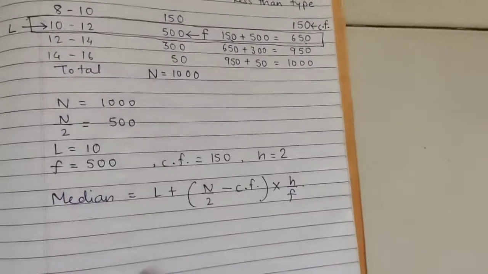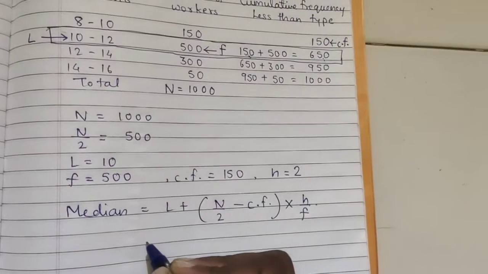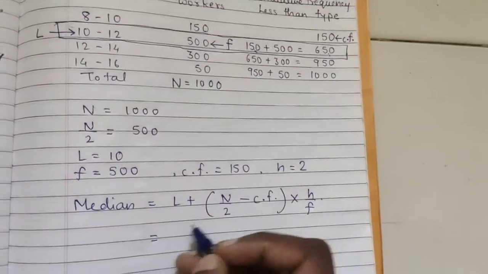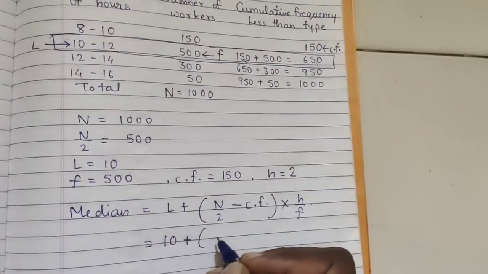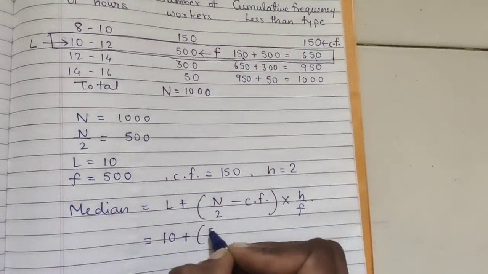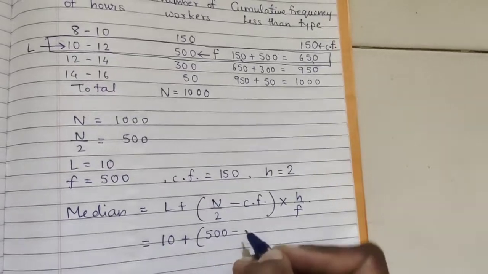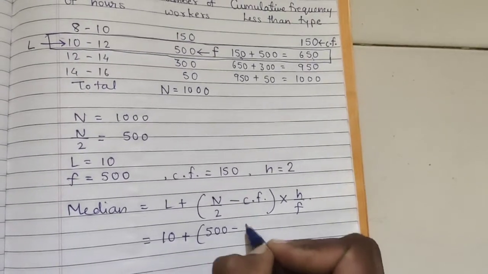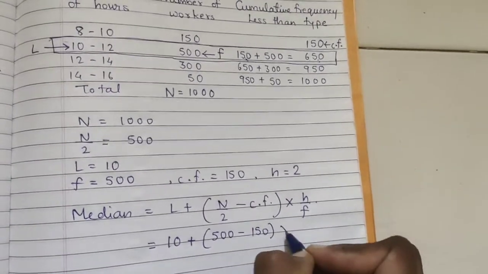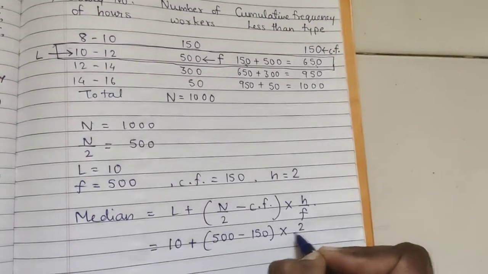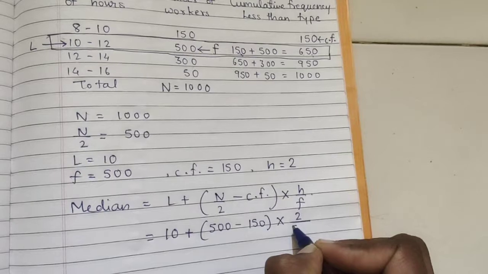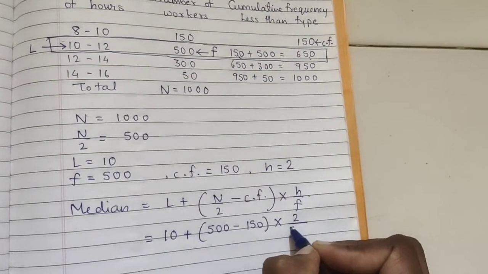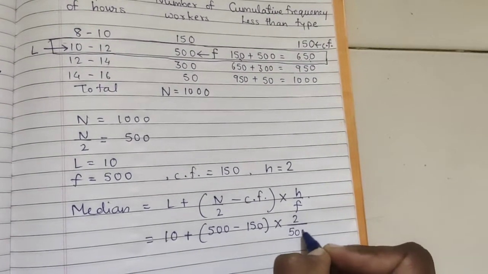We now have every value: n by 2, L, f, CF and h. Let us substitute these values in the formula to get the median. L is 10, plus n upon 2 which is 500, minus CF which is 150, into h which is 2, upon f which is 500.